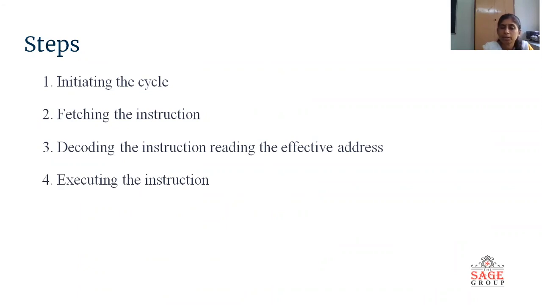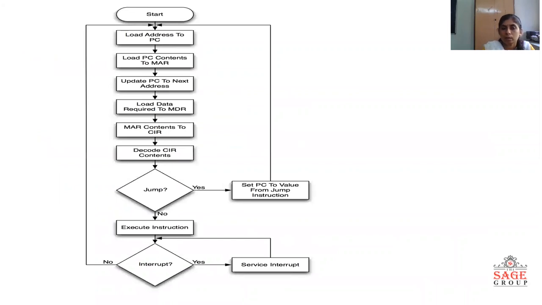First, initiating the cycle, then fetching the instruction, then decoding the instruction, which means reading the effective address, and then execution of the instruction. The first step is that the instruction cycle starts. With the start, we first load the address into the program counter.